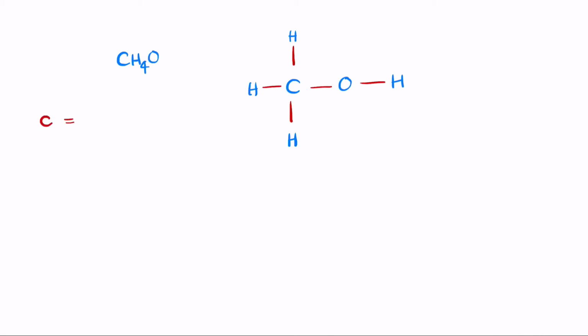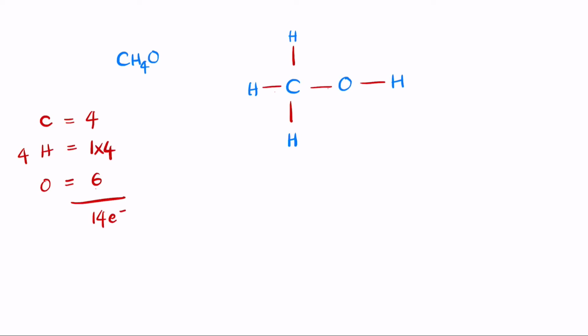Carbon is group 4, so 4 electrons, and hydrogen is group 1, so 1 electron, and there are 4 of them, so it becomes 1 times 4, and oxygen is group 6, a total of 6. So 4 plus 4 plus 6 gives you a total of 14 electrons. From that we have 1, 2, 3, 4, 5 bonds.